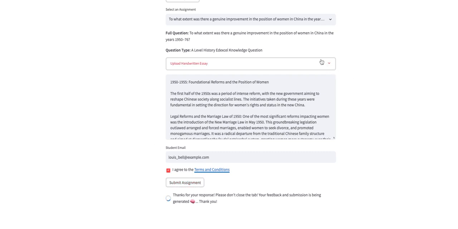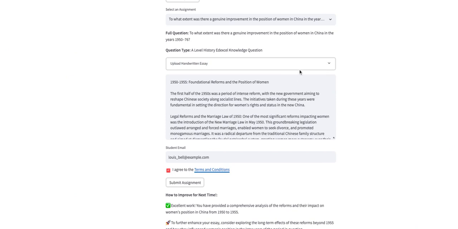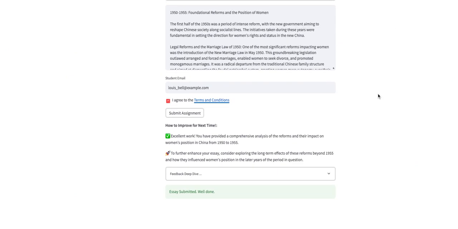The other thing to point out is that students can upload a handwritten essay. We know most of the time A-level students write handwritten essays, or a lot of the time they do. So they can upload a handwritten essay, and we have quite an accurate system for converting that into digital text.